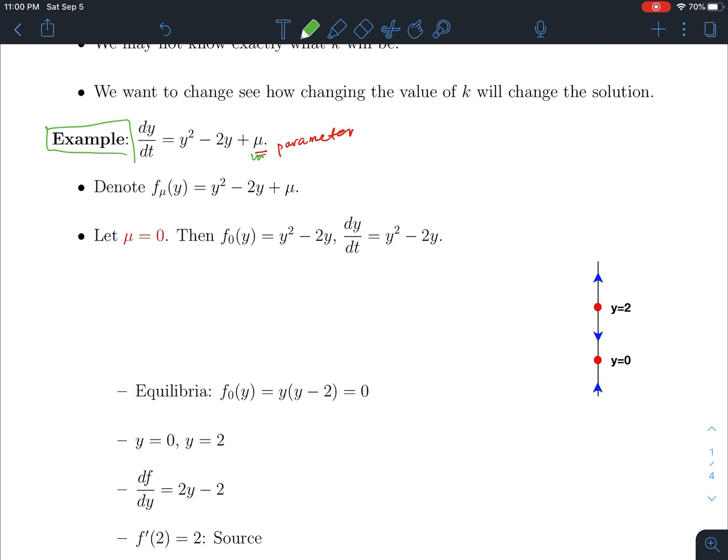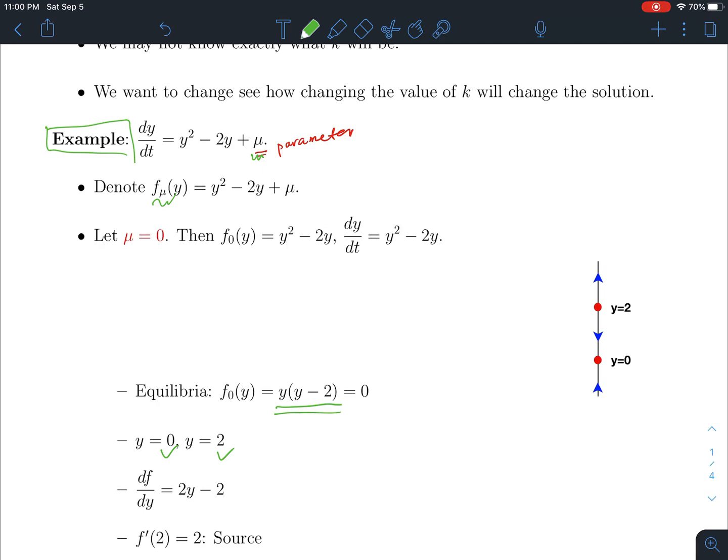Draw the phase line. Because we set f here, we call it f_mu(y), where mu is the subscript for the parameter. Given mu equal to 0, we have y squared minus 2y, and we know 0 and 2 are the equilibrium points. Now we can draw the phase line.